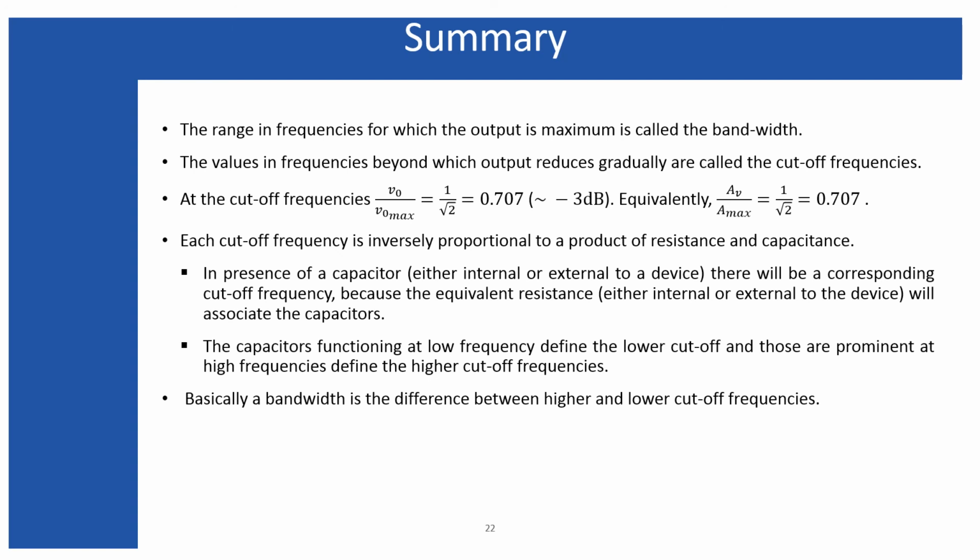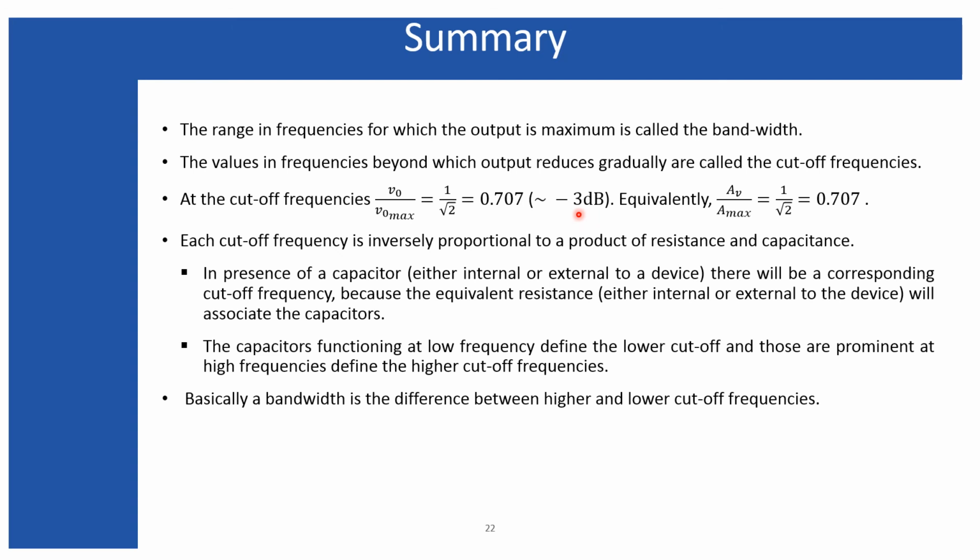The bandwidth is generally expressed on the dB scale. This is the linear scale without the decibel, and if you take 20 log of 1 over root 2, which equals 0.707, you will get minus 3 dB.